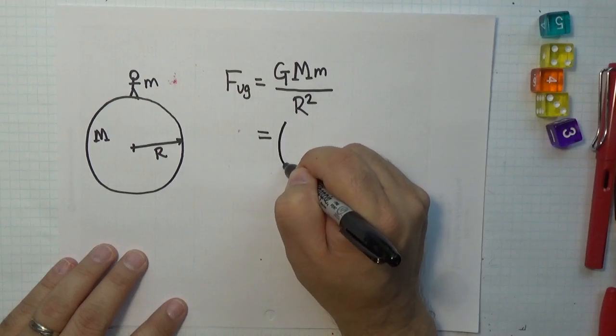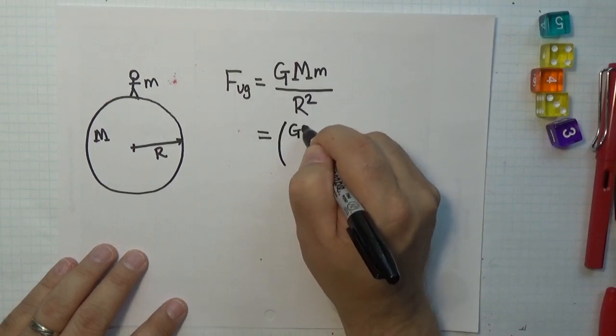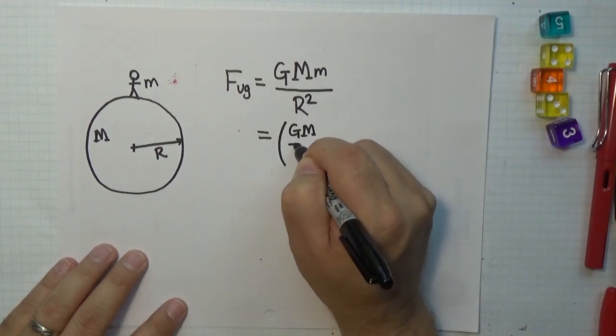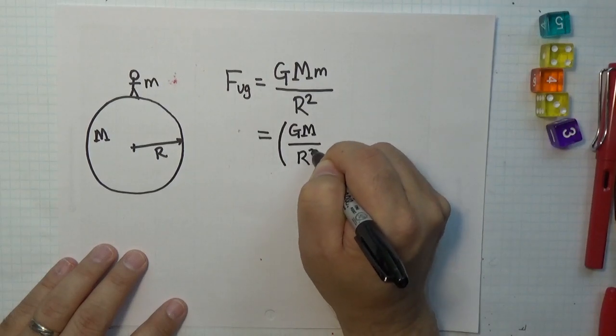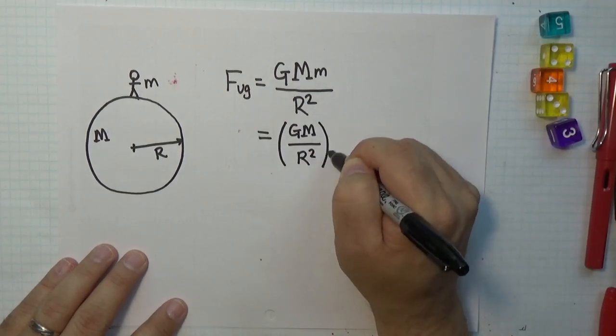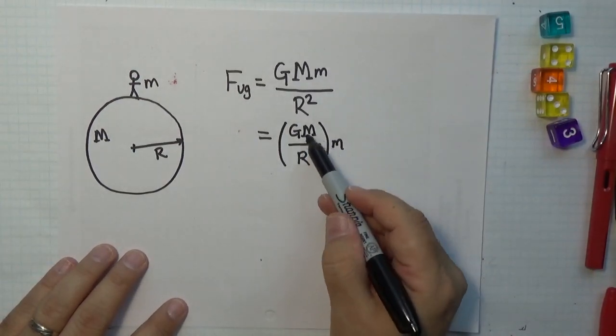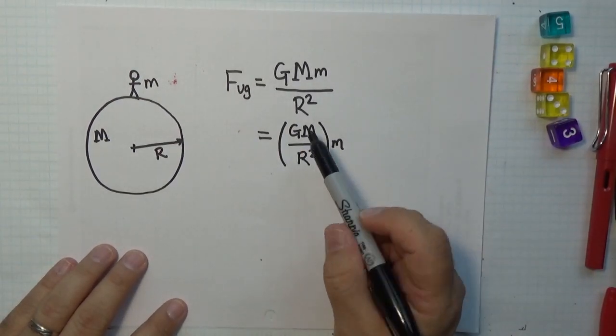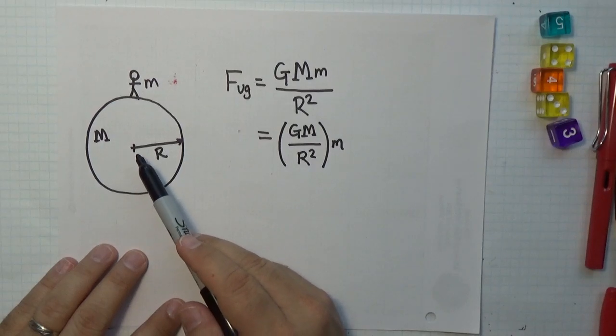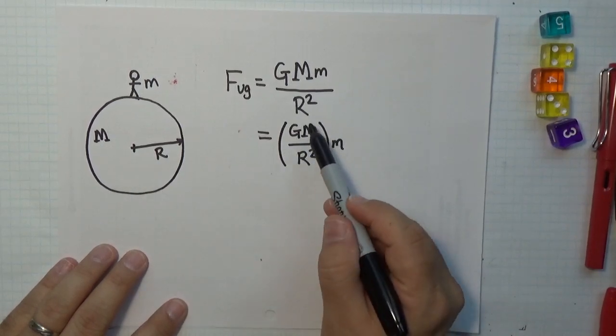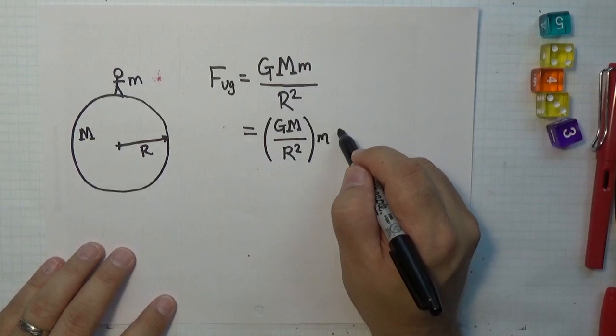I can put some parentheses here: G times the mass of the planet divided by the radius of the planet squared, times your mass. The reason I do that is because all of the properties in the parentheses have to do with the properties of the planet. And so this quantity in parentheses is what we call the surface gravity.